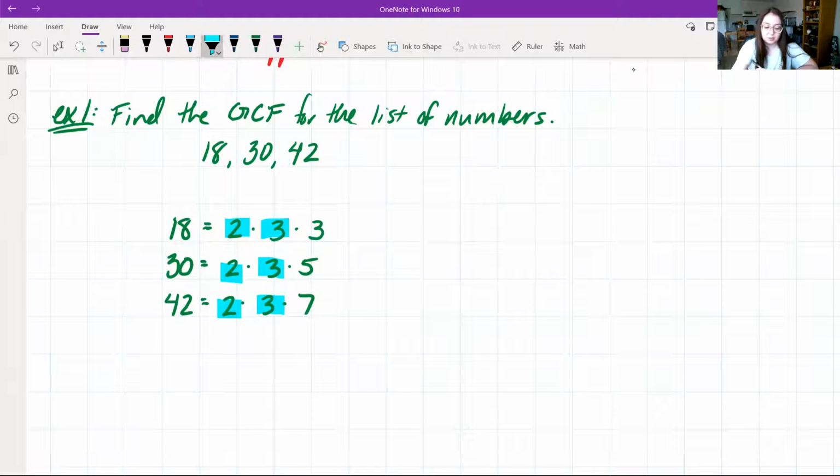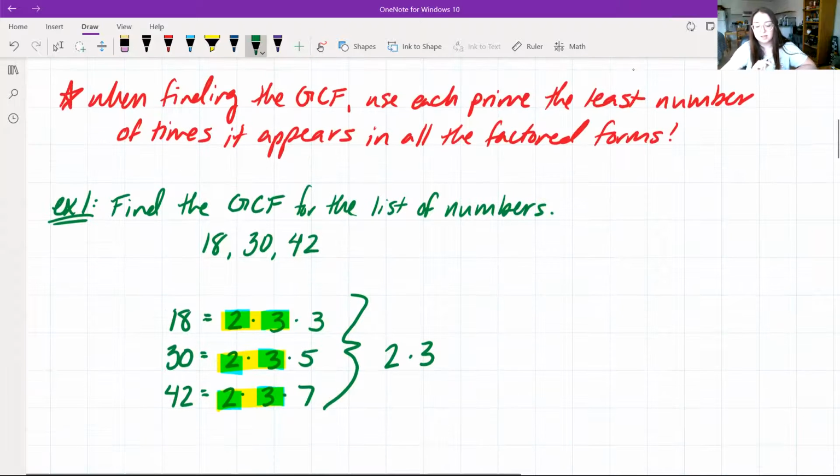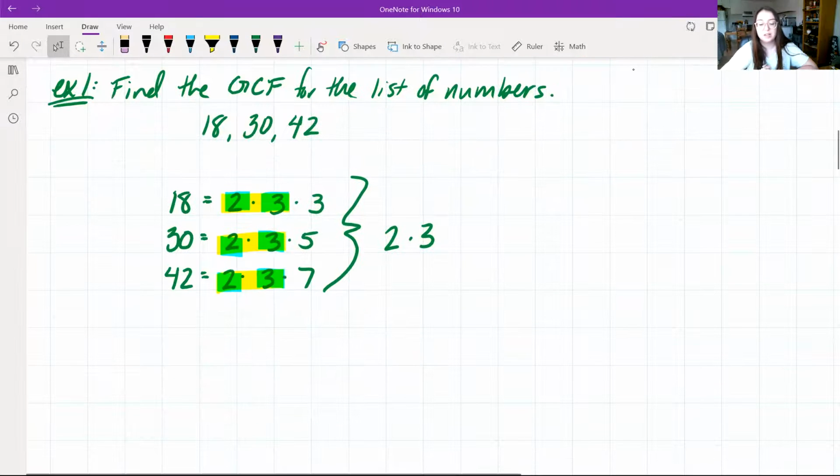So we multiply 2 times 3 to get that 2 times 3 is our greatest common factor. In this case, the least number of times each prime number appears in all factored forms is 2 times 3, which is equal to 6. So our greatest common factor is going to be 6.